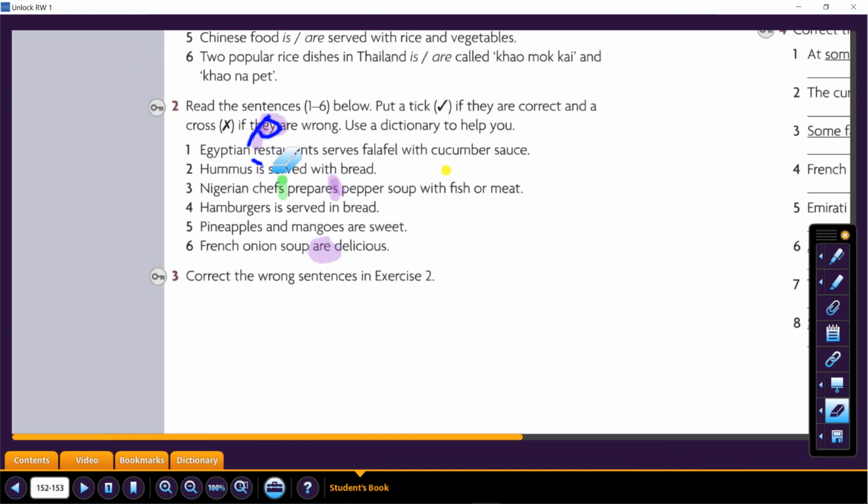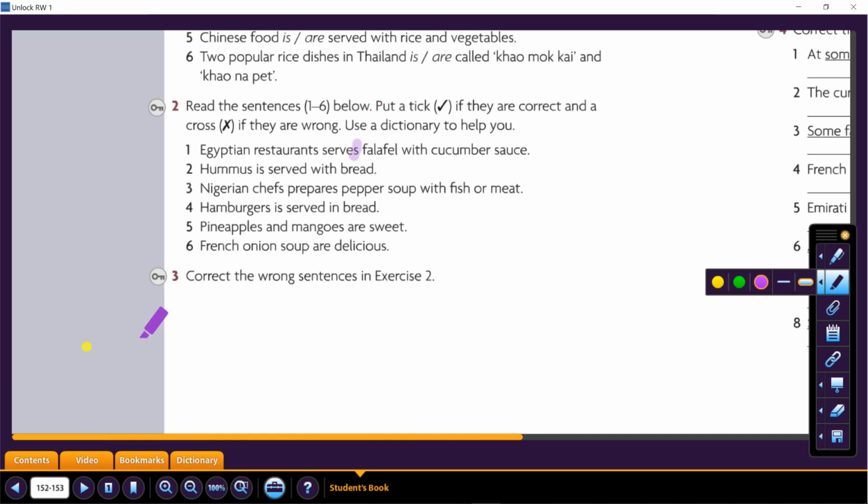Okay, ladies. Correct the wrong sentences in exercise number 2. This one. The first one is already done for you. Egyptian restaurants serve. Omit S. Okay?